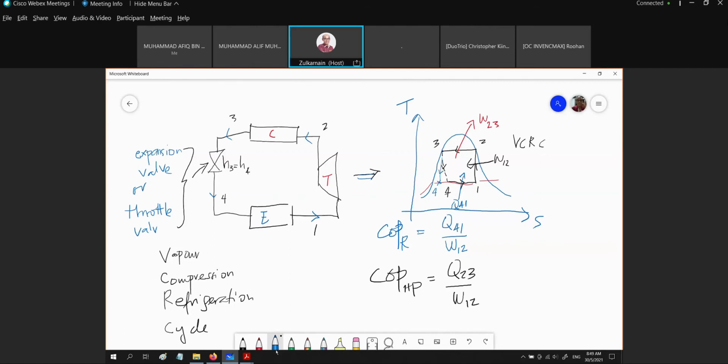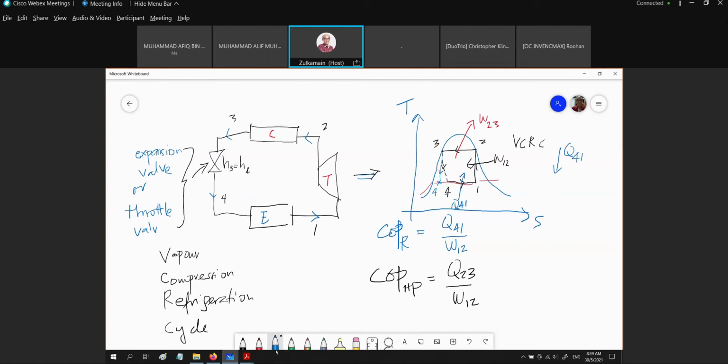So in this case, we have the drop in Q41. Our interest, if we want this cycle as a refrigerator cycle, is to increase the Q41. That is our main purpose.